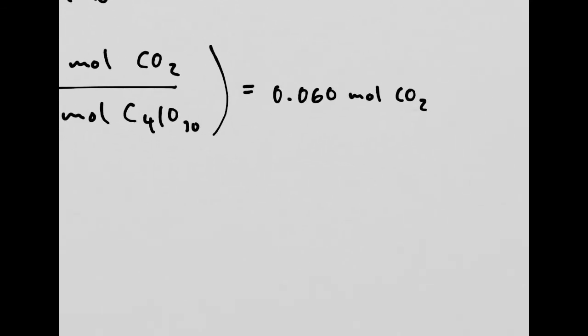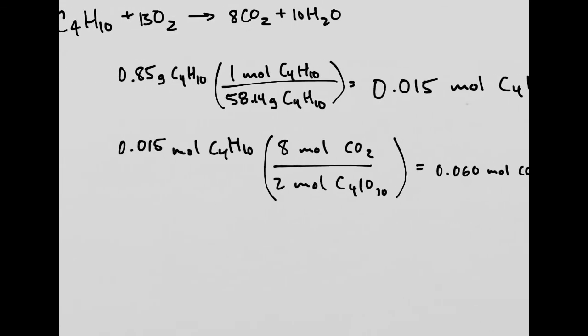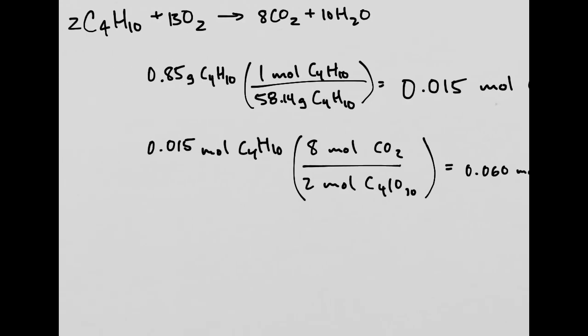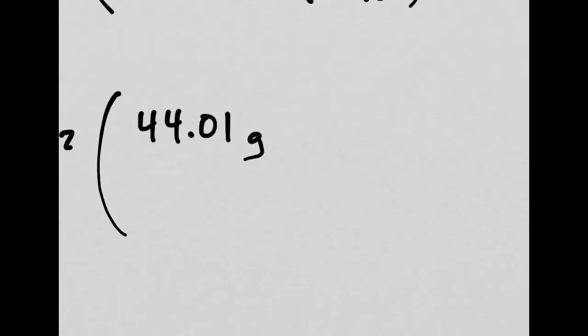That means we're going to take this 0.060 moles of CO2 and do a mole conversion based on the molar mass of CO2. I'm going to blow this up so it's easier for me to write. I consult my periodic table, and this is my molar mass for carbon dioxide.